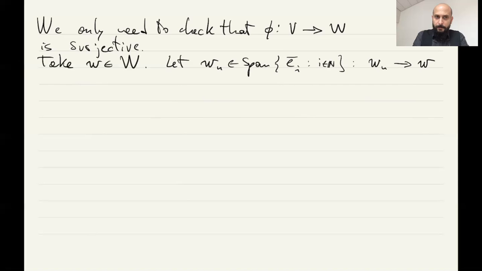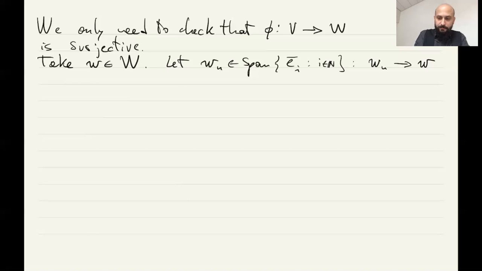So now take v_n in V such that phi of v_n is equal to w_n. Phi isometric embedding implies that v_n is Cauchy. The fact that V is Hilbert, or complete, implies that v_n converges to v for some v.